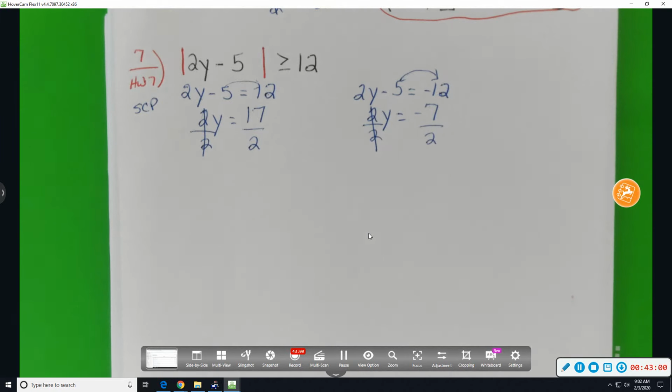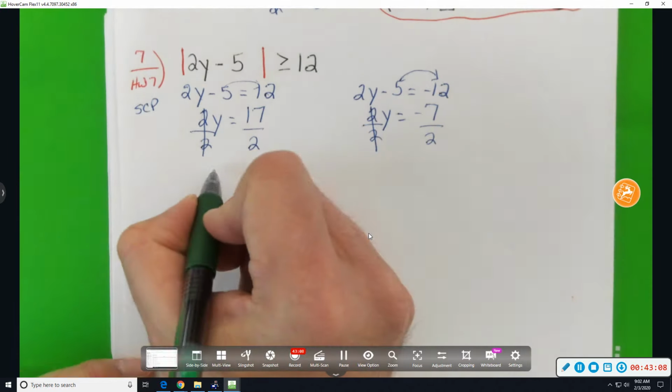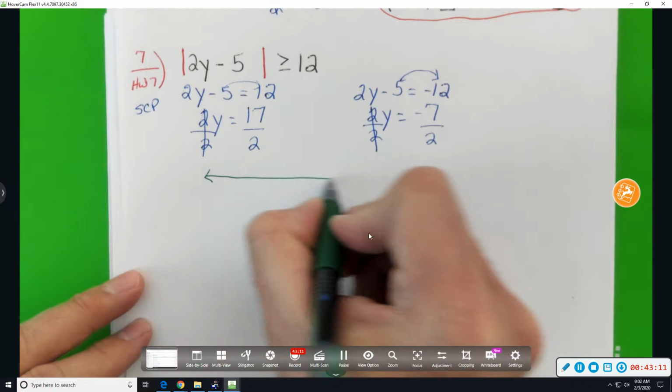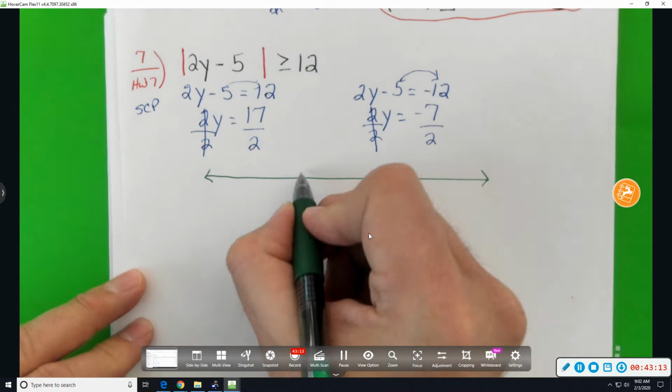So if it's an inequality that has absolute values, go do what we did the last time. Equal positive, equal negative. Those are the easy ones to find, those cut points.